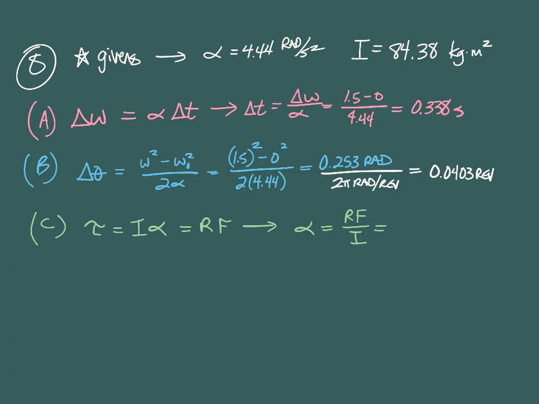Problem is, I need a little bit more to go on here because I know alpha, all right? But I need to incorporate this because the question is asking for how long it takes, all right? So let's step back a bit, and if I were to take the equation that I've already used, delta omega equals that.